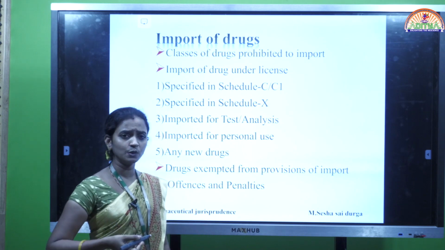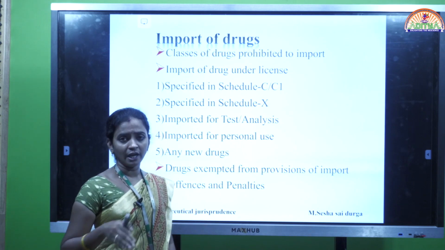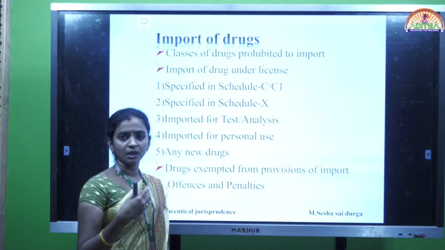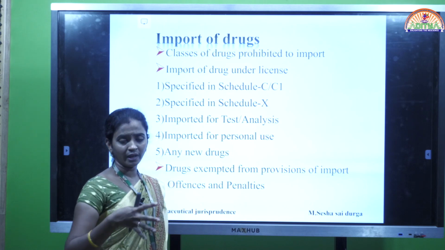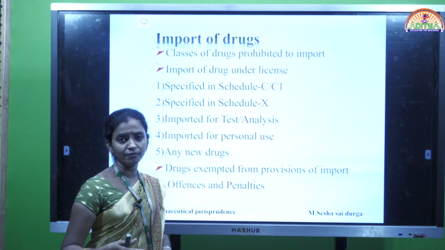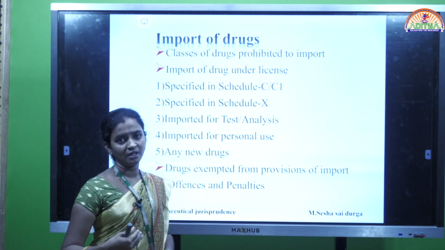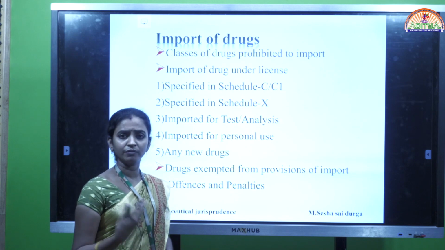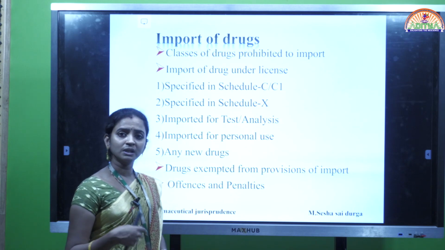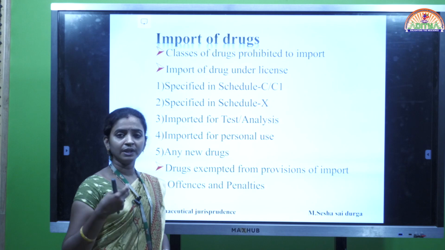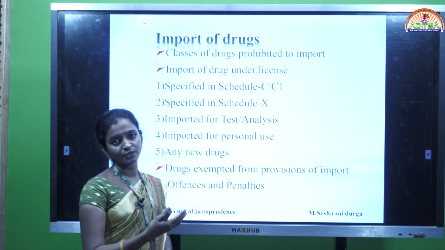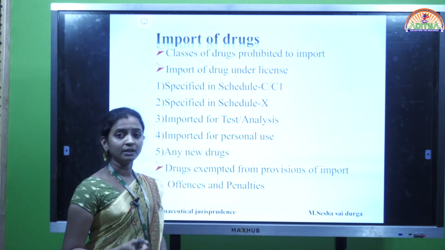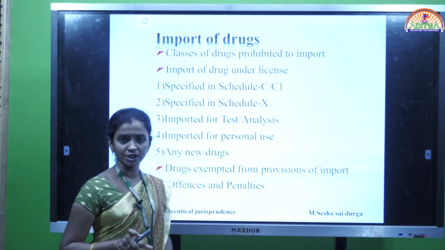And next one, imported for personal use. Personal use means generally a normal person, a common man, wants to transfer a combo of drugs or a bulk of drugs from another country to here. Maybe he has shifted from a foreign country to India, so he will travel from foreign to India, and during the travel he can also import his drugs. At that time, particular limitations are there.